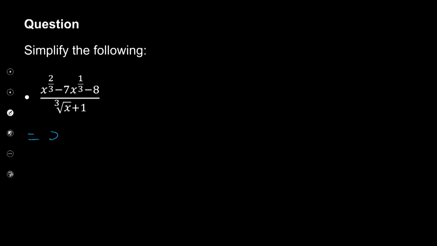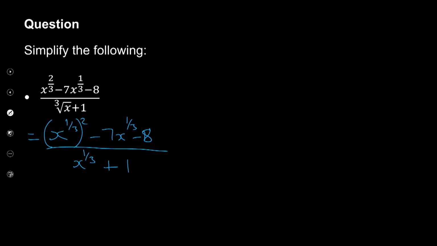So this will be just x to the exponent of 1 over 3 all squared minus 7x exponent of 1 over 3 minus 8. All of this divided by, so this I will need to change it, and remember from the laws that we've been looking at, it will be x to the exponent of 1 over 3 plus 1.